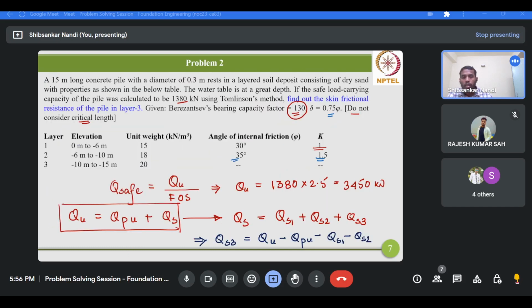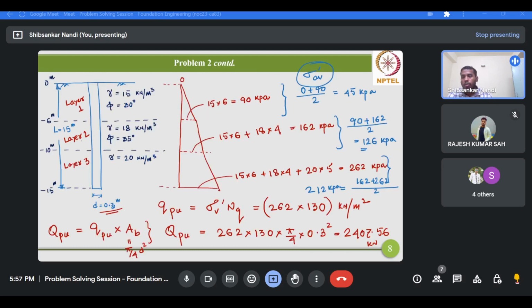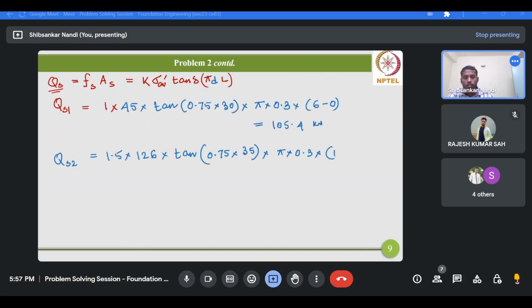Here the phi value is 35 degree. So 35, into pi times 0.3 times. Now what is the length in layer 2? The length is 10 minus 6, that is 4 meter. So please calculate and let me know the contribution from layer 2 to the ultimate skin friction resistance of the pile.